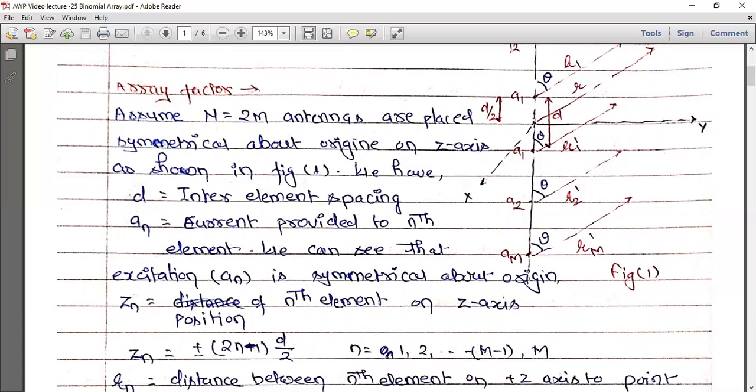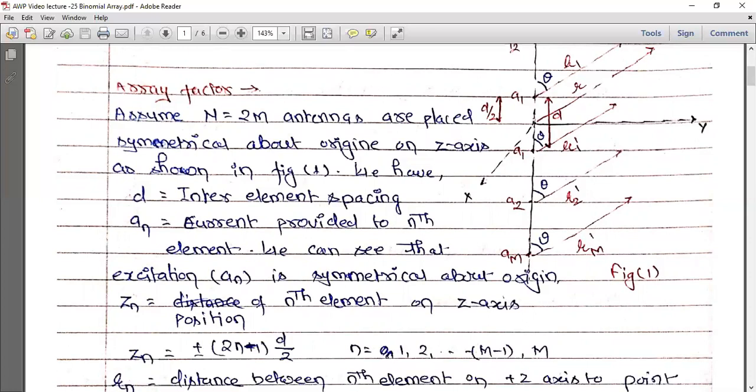So we have written over there that the distance of the nth antenna from the origin will be plus or minus (2n minus 1) d by 2, depending on whether it is on the positive Z axis or the negative Z axis. If it is on the positive Z axis, the distance is plus (2n minus 1) d by 2, and if it is on the negative Z axis, the distance is minus (2n minus 1) d by 2, where n can vary from 1, 2, 3 up to capital N. When you place n equal to 1, you have (2 into 1 minus 1) d by 2, that is d by 2.